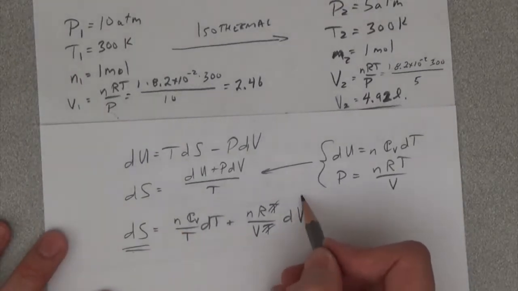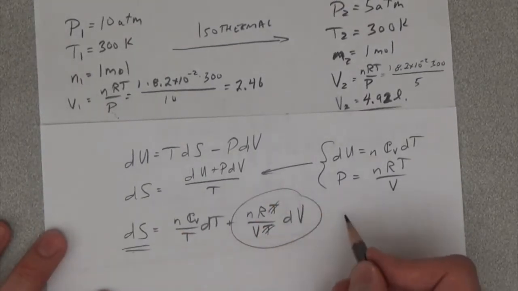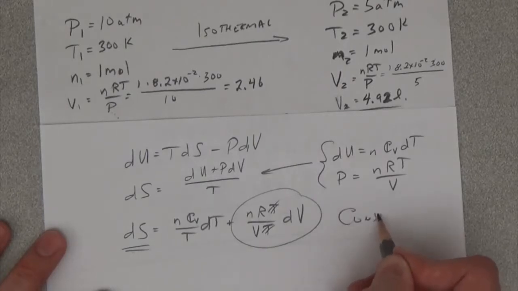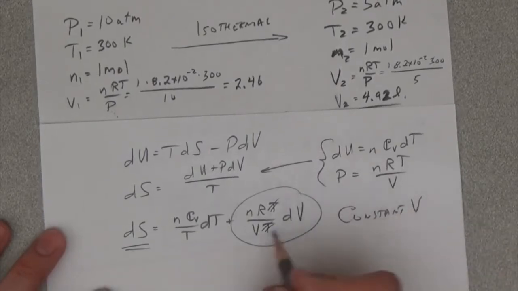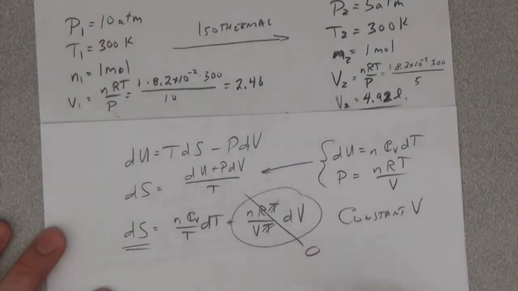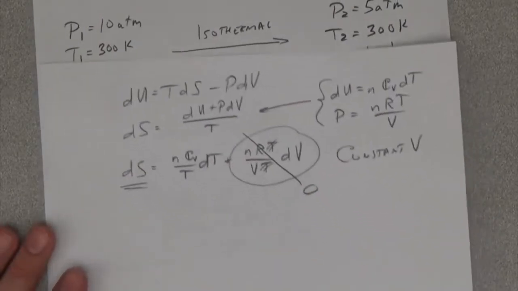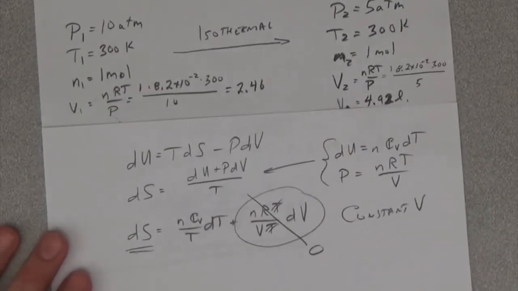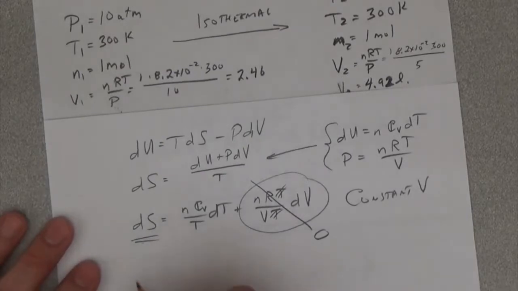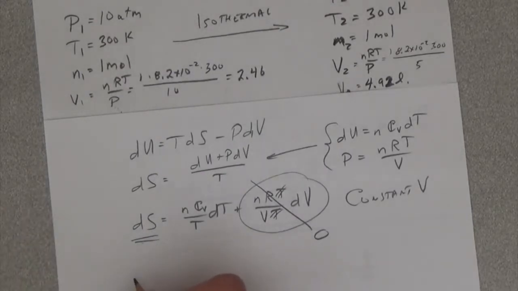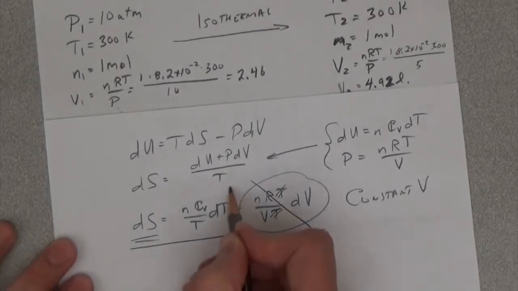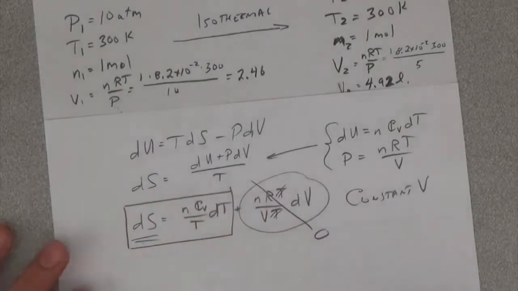In this particular problem, this is a constant volume, which means this goes to 0, and we're left with this.